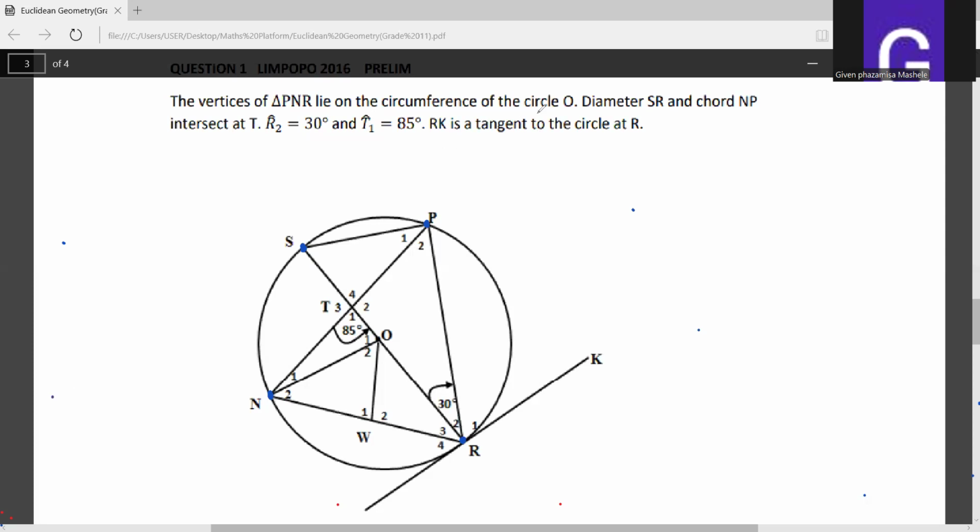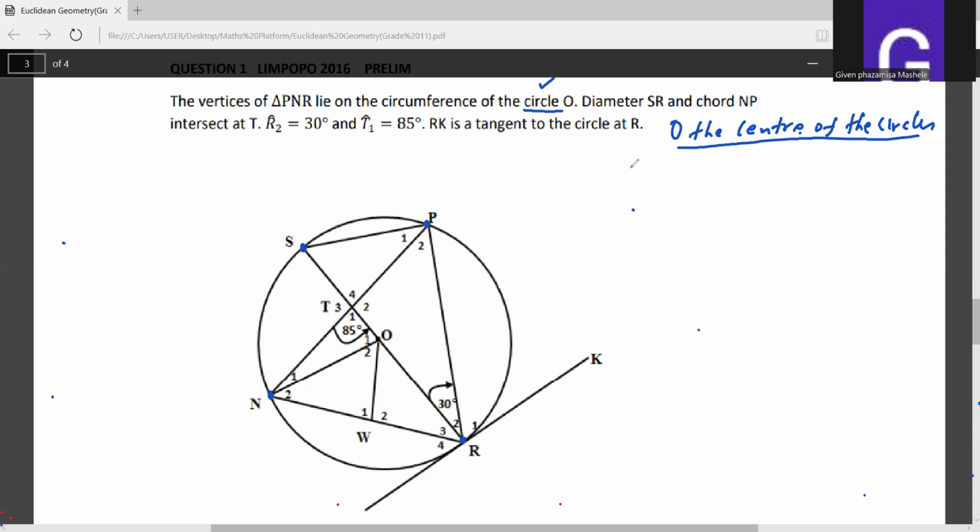Number one, we're told that O is the center of the circle. What did I say about when proving riders? When we were given O, the center, I told you about 5 things.